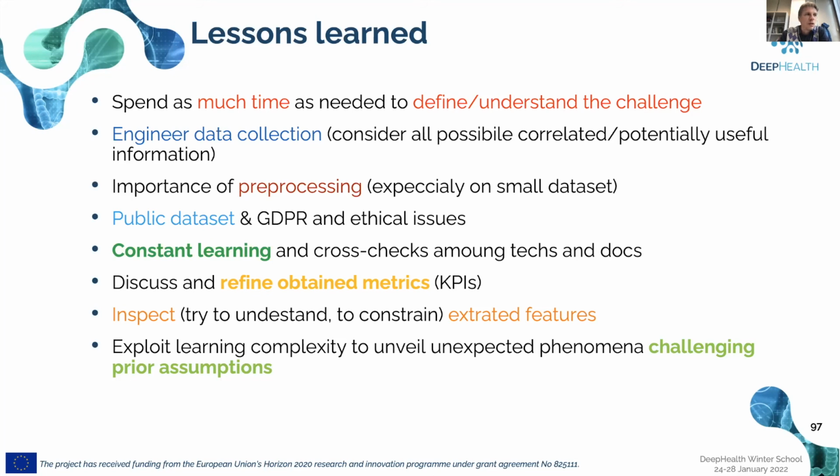I mean, if you know that you are looking at the lungs, it may be useful to pre-process the image to segment the lung. But this is important, especially when you have a small data set. If you have a large data set, of course, the neural model can learn by itself to do the job.